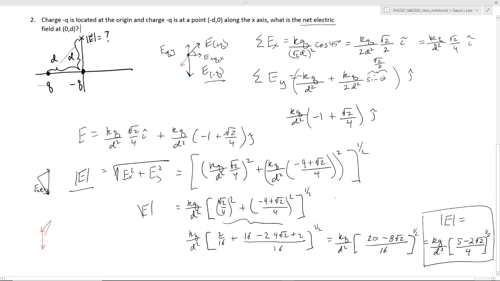So the net would look like this. The picture's kind of not that good. Let me try and draw this a little better. So it would be like the one at 45. We would add to that the one that's pointed straight down. And so the net would look like this. You can see a couple differences. It's pointing in a different direction. And it's also a little bit longer.